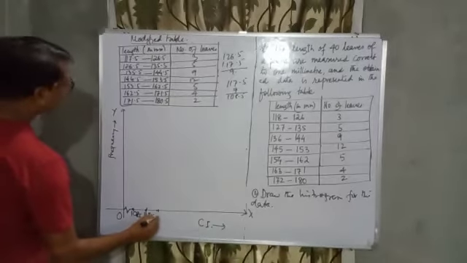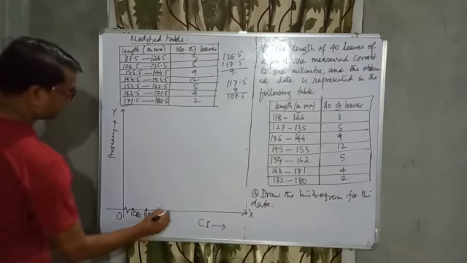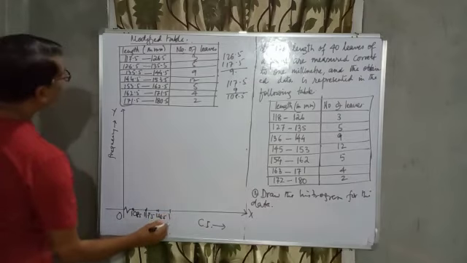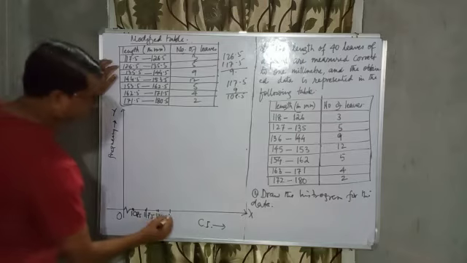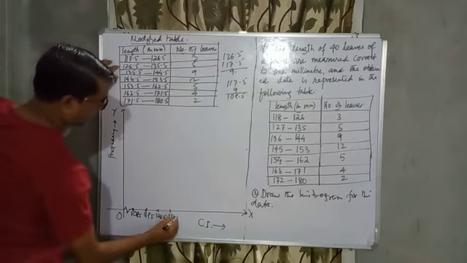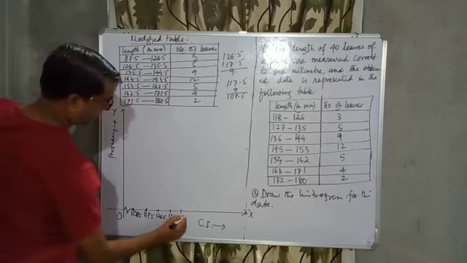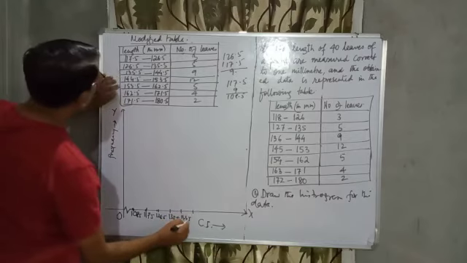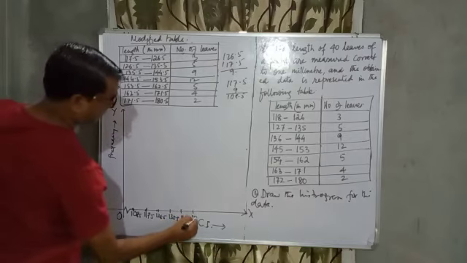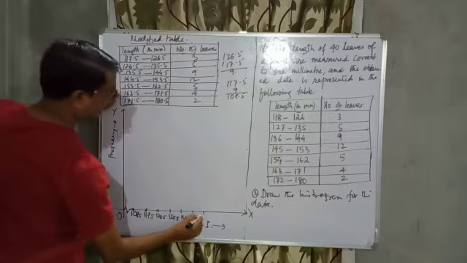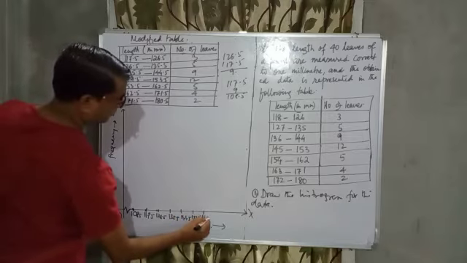Okay. Then next is 126.5. Next is 135.5. Next is 144.5. Next is 153.5. Next is 162.5.